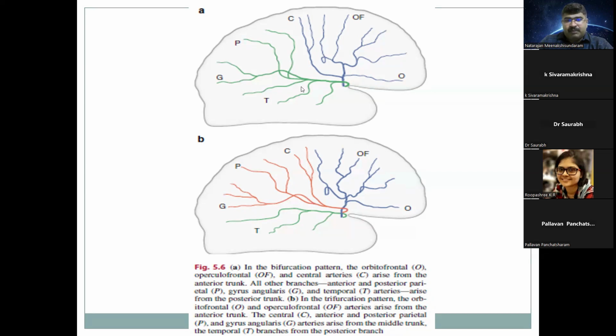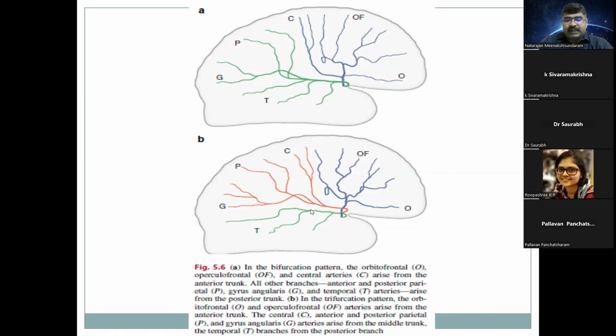And then the temporal branches take origin from the posterior part, and all these take origin from the anterior segment. Whereas in a trifurcating one, the orbitofrontal and the operculofrontal take origin from the anterior segment.